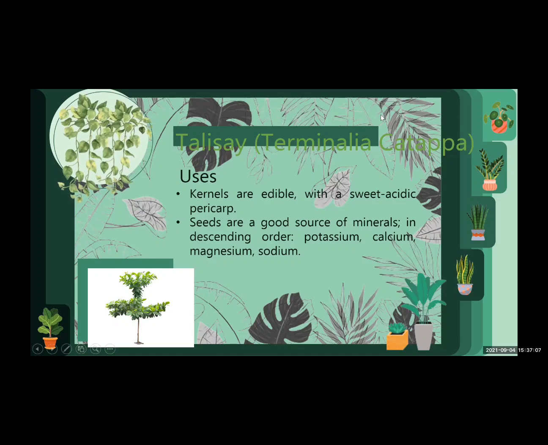Pag once naman na siya bunga nga ma-color brown na siya, pwede na siya makaon. So ang naka-good adto sa iyang bunga is mga minerals like potassium sa bukog, calcium, magnesium, o sodium.